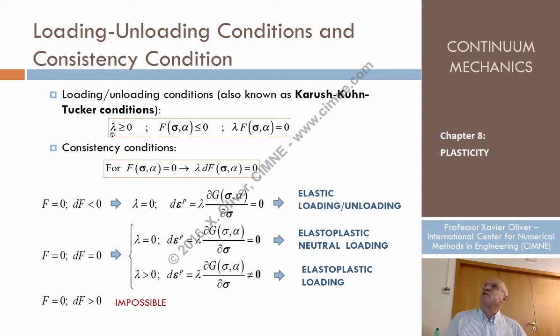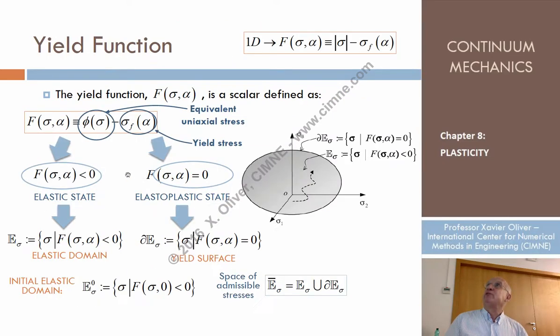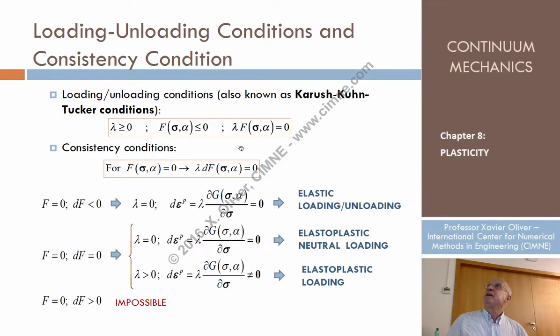So these are conditions which mathematicians know very well, which are called the Karush-Kuhn-Tucker conditions for optimization. And they say that the lambda multiplier, the plastic multiplier, is greater or equal to 0. The yield function is smaller or equal to 0. That's what we postulated here, by the way. But their product is always equal to 0.